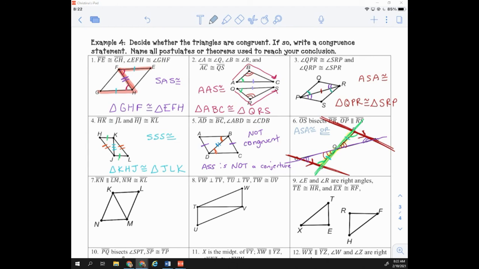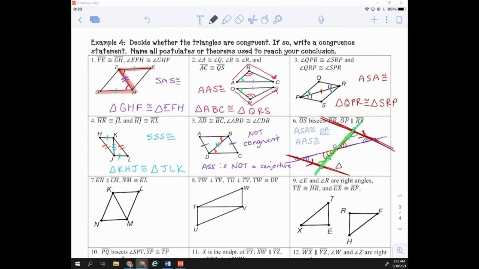Or we could do angle, angle, side, because we know all of the angles. And both of those are allowed conjectures, and we could use either one. It's up to us. It doesn't matter which one we use.